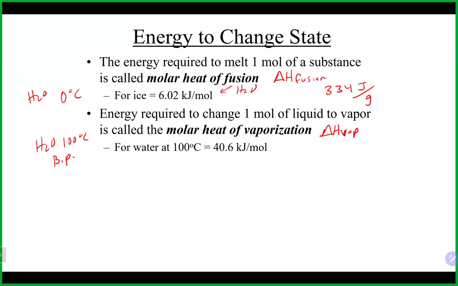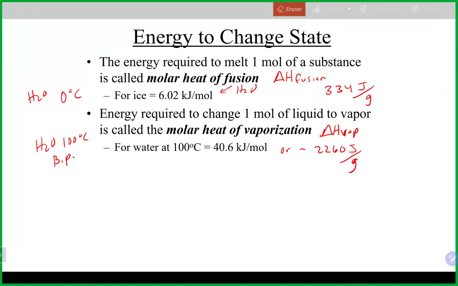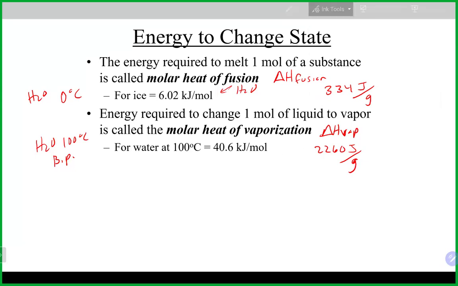We're just changing the state of a substance. For water, it's about 40.6 kilojoules per mole, or roughly 2260 joules per gram, give or take. So this is the energy, like I said, required to do that transition at the melting point or the boiling point, depending on which one you're at.